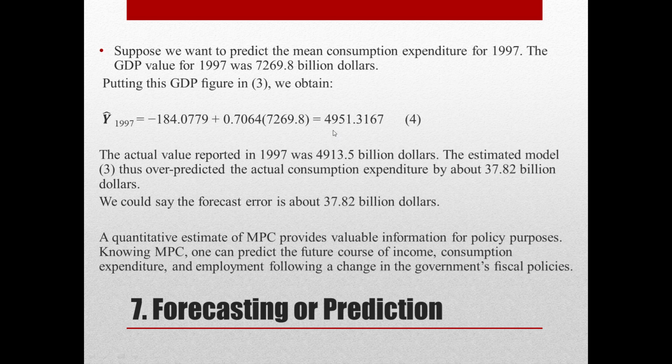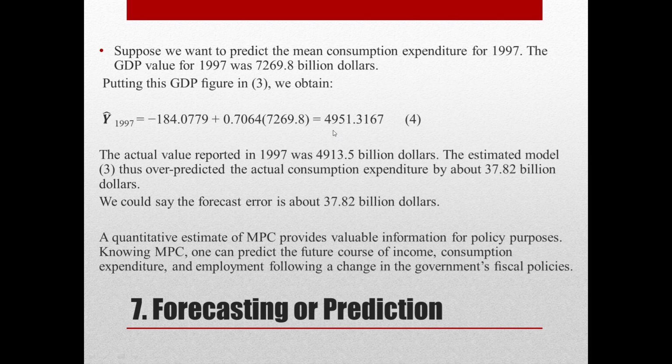Okay, but the actual value reported in 1997 was $4,913.5 billion. Therefore, the estimated model overpredicted the actual consumption expenditure by about $37.82 billion.